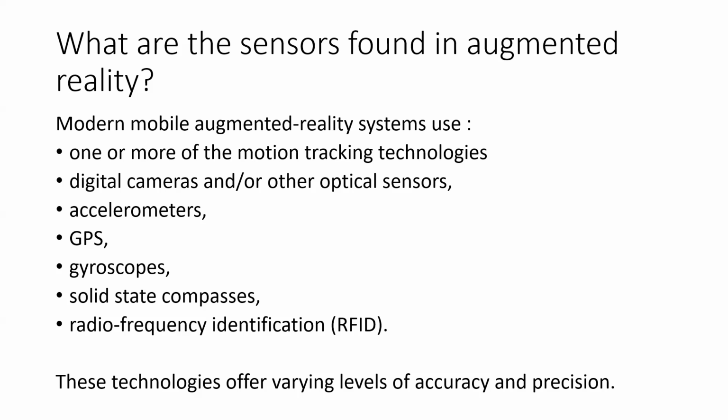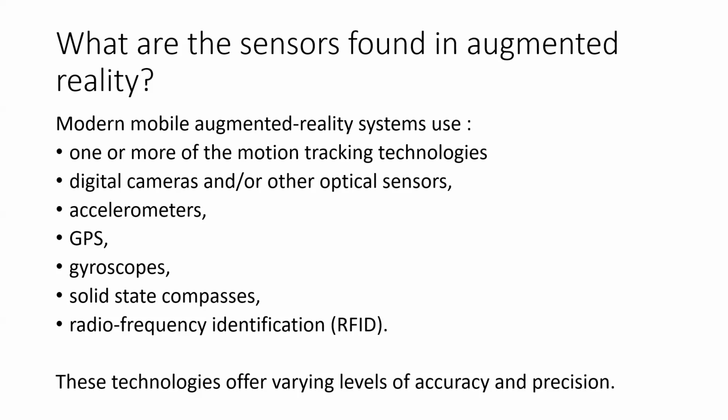A solid state compass is used basically to point to the north direction, and using that you get the reference for all other sensors. And then RFIDs; how RFIDs are used in the AR/VR world, we will talk about later. But typically they are needed for identification and for the particular stage at which a projection should happen.